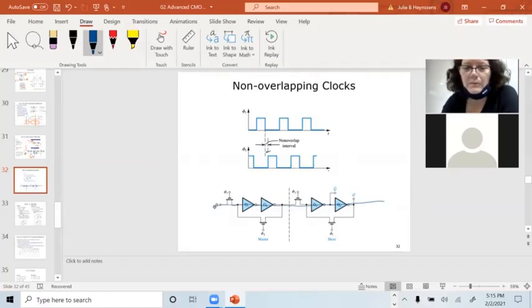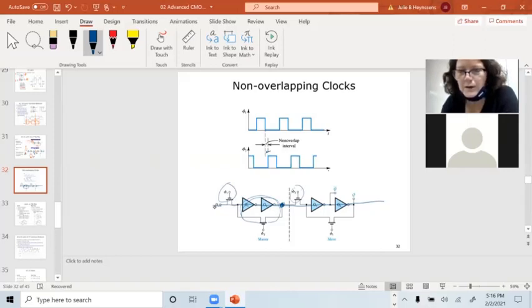So we have to put that little non-overlap interval in there so that we can take D and store it here, and then turn this thing on so it's cycling around and it's stored. After phi 1 gets turned off, this starts cycling around here.